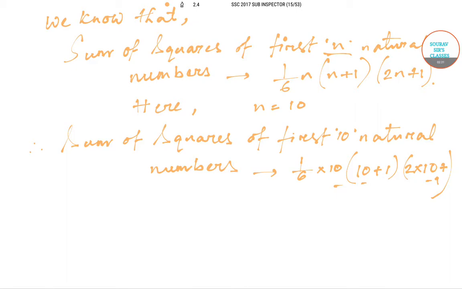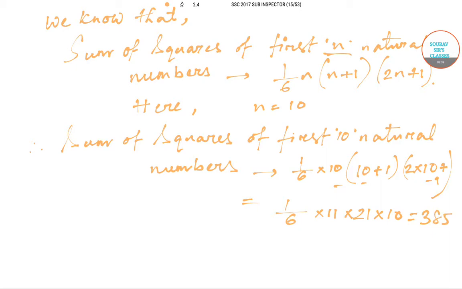So now by solving this we can write it as 1 by 6 into 11 into 21 into 10, that is equal to 385.